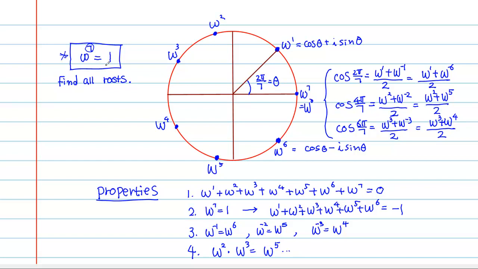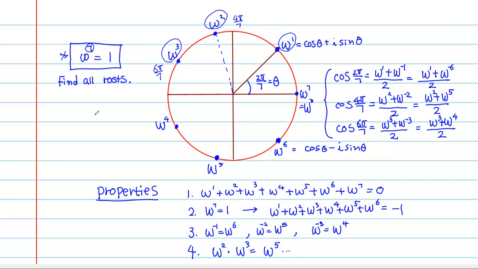The angle for 7 roots is 360 divided by 7, that is 2 pi over 7. That is the first root, W1. Every root has the same angle difference: the second is 4 pi over 7, the third is 6 pi over 7, and so on. So there are 7 roots on this unit circle.